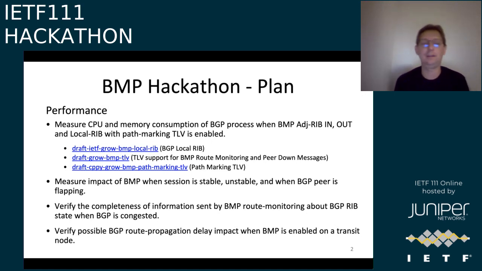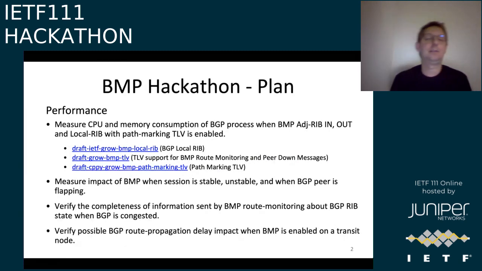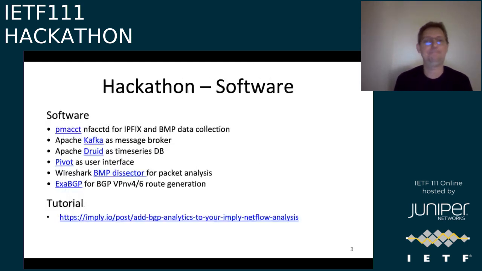We were testing if there is a difference when the BMP session towards the collector is stable or unstable, and whether it makes a difference if the peers are flapping or not. And we were also curious about the BMP route monitoring messages, if we can actually measure the delay across the BGP propagation, and if it's always ensured that we have the complete view of the BGP RIB state.